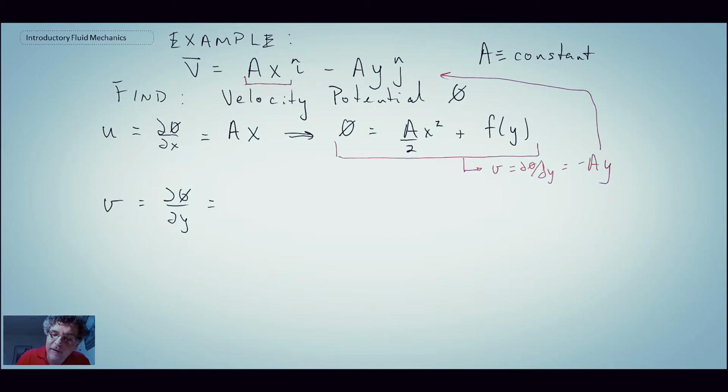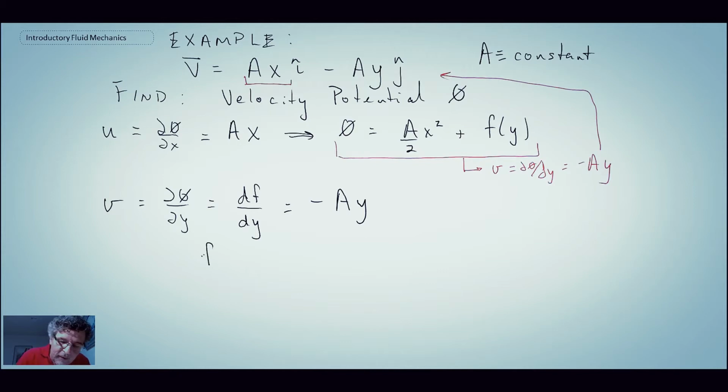And then we have f of y. And so all we have is the derivative of f with respect to y. And that is then equal to the v component of velocity for the velocity field we have, which is minus ay. And so with that, I can integrate to solve for f.